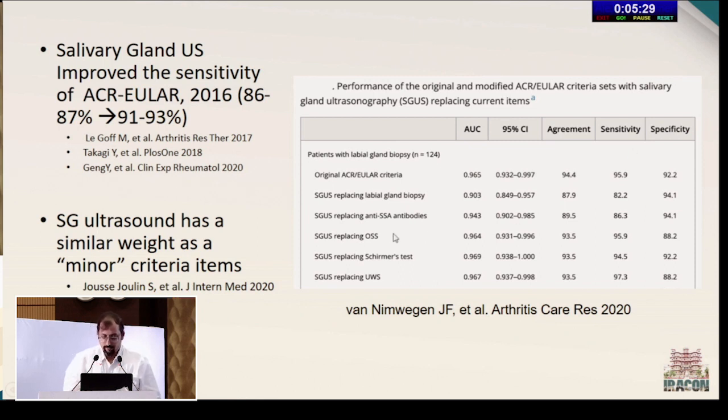If you replace minor labial gland biopsy and autoantibodies with salivary gland ultrasound, the sensitivity reduces, but if you replace ocular staining score, Schirmer's test, or unstimulated salivary flow test, it actually remains the same as the original ACR-EULAR criteria.